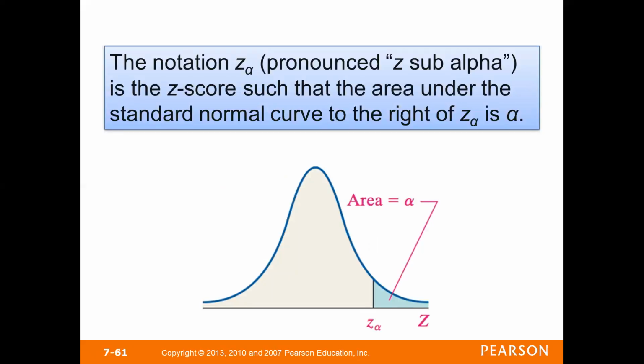This leads us to some notation that we're going to need as we move forward. It's called Z sub alpha, so Z with an alpha as a subscript. Z sub alpha is the z-score that corresponds to the place on the curve where alpha percent of the area lies above it.